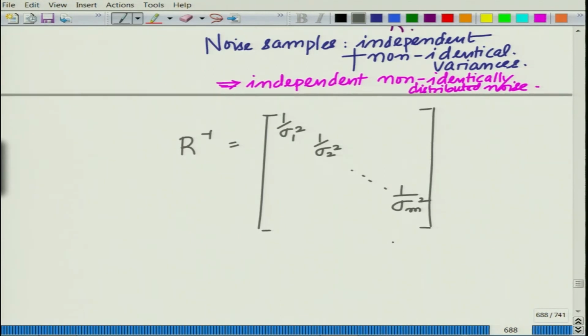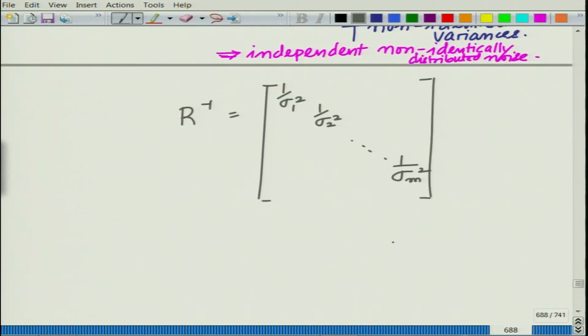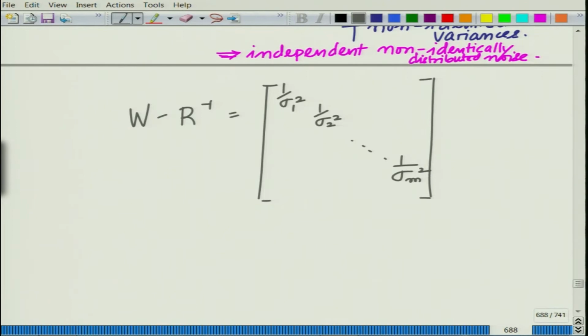And now for our least squares estimation, it turns out that when the noise samples are independent but non identically distributed, the weighting matrix for estimation is R inverse. That is the point.